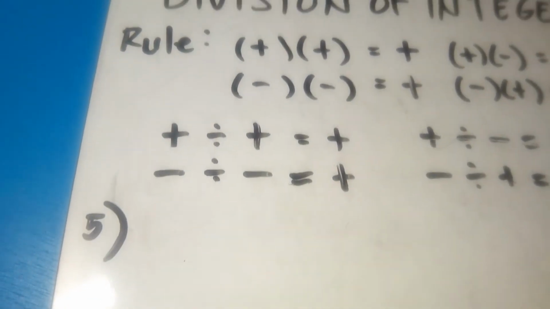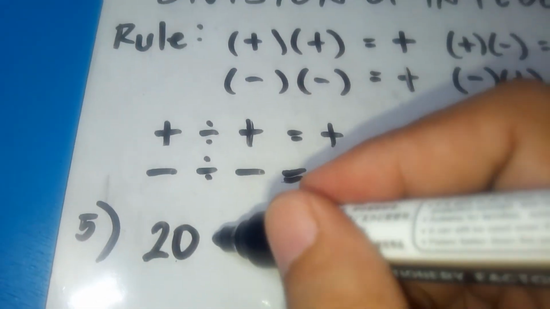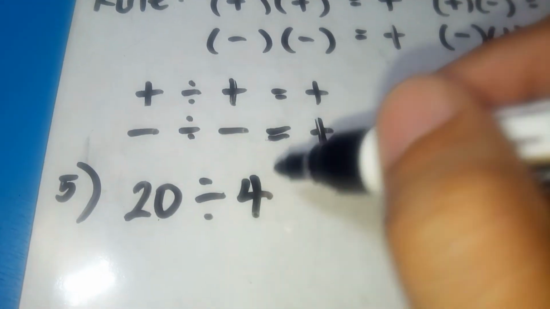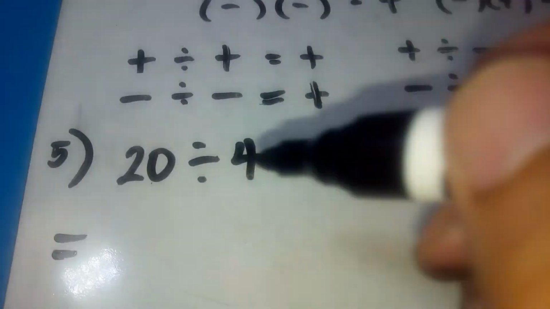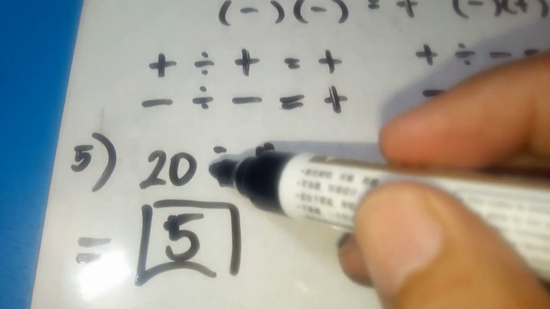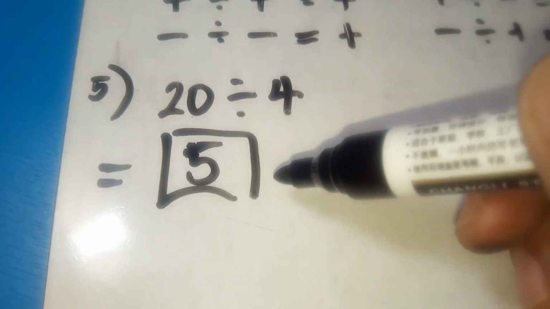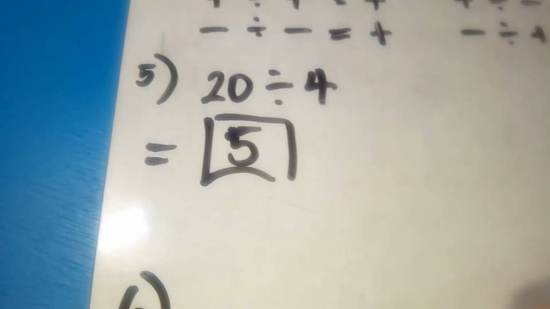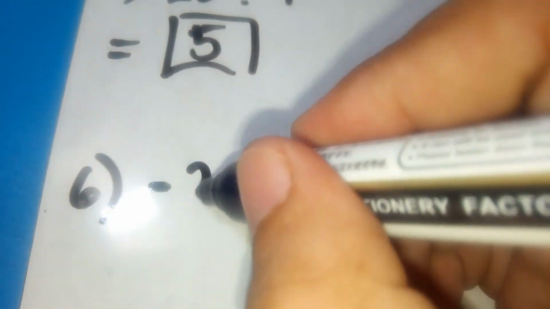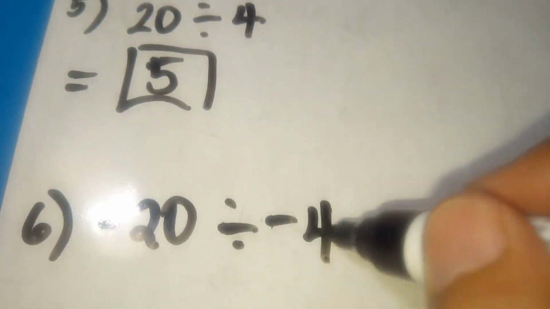Let's have number 5. How about a positive 20 divided by positive 4? The result will be positive 5. Since the dividend is positive and the divisor is also positive, the result will be positive 5. How about if the dividend is negative and the divisor is also negative?